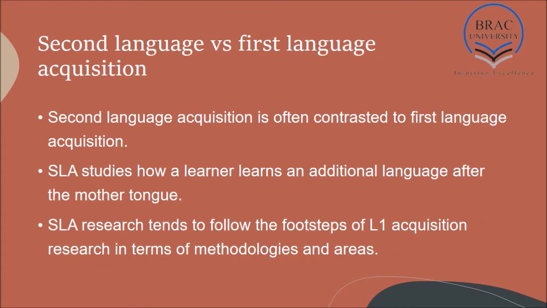The next important key concept in the study of SLA is whether the processes involved in second language acquisition are similar to or different from the processes involved in first language acquisition. Historically, second language acquisition research was heavily dependent on studies done in first language acquisition research.